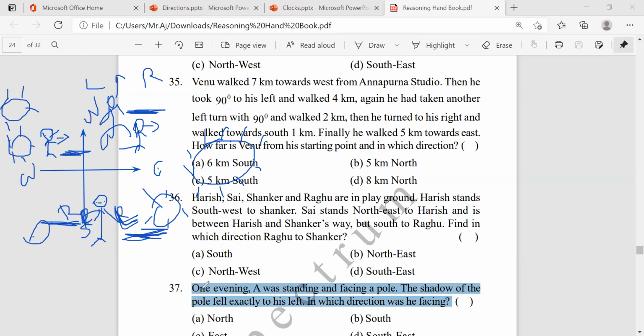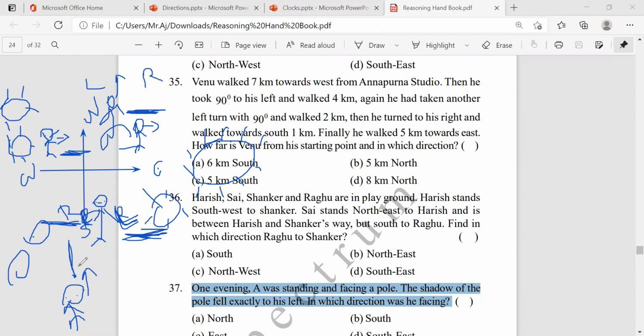Now, one evening, A was standing and facing a pole. The shadow of the pole fell exactly on his left. This is the pole, right?